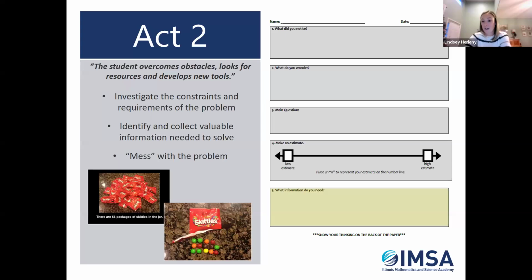They're dying to know how many Skittles are in that jar. All right, so now is a great time to show them a variety of different strategies on how to do that. This would be the student page on the right side of the screen, with these boxes, for how you would fill this out. And that student page you can download when you download this presentation. It comes with it.